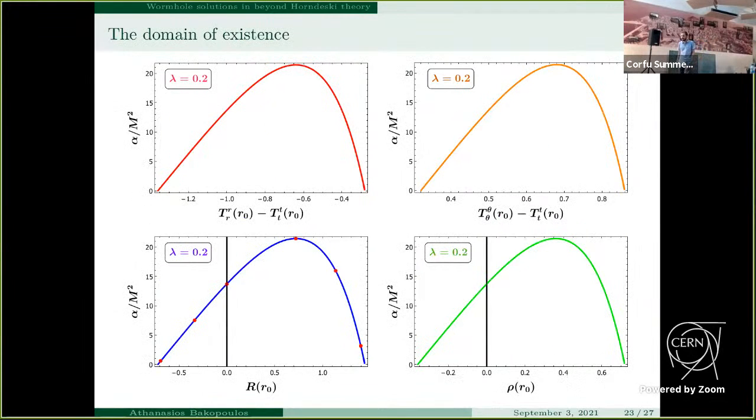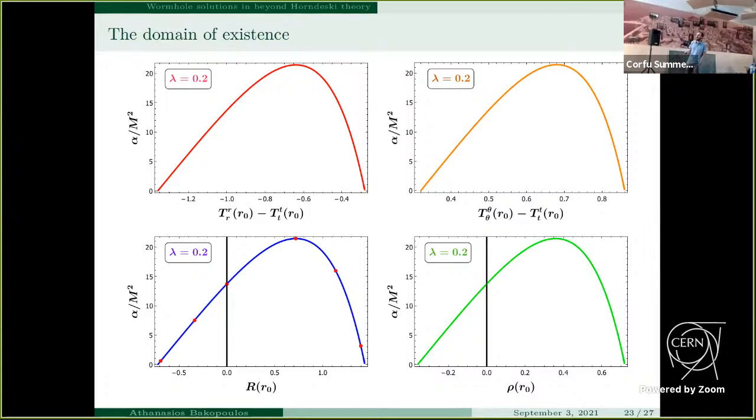In these plots here, we have the domain of existence for the wormhole solutions with lambda equal to 0.2. In the first two plots, we have the values of the null energy condition at the throat. In the third plot, we have the Ricci scalar at the throat, while in the last plot, we have the values of the effective energy density at the throat.